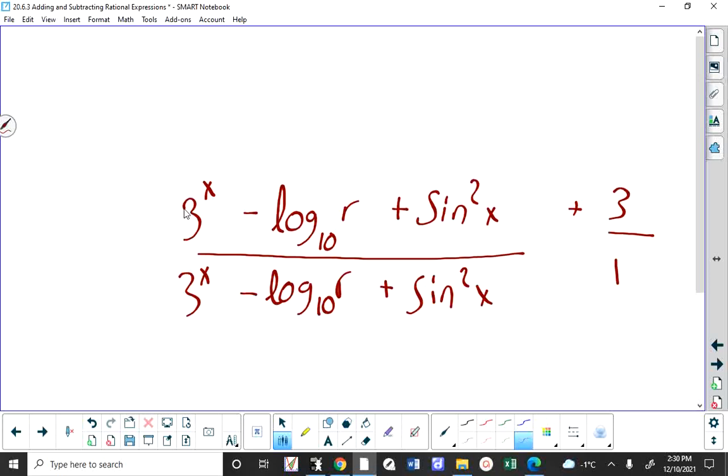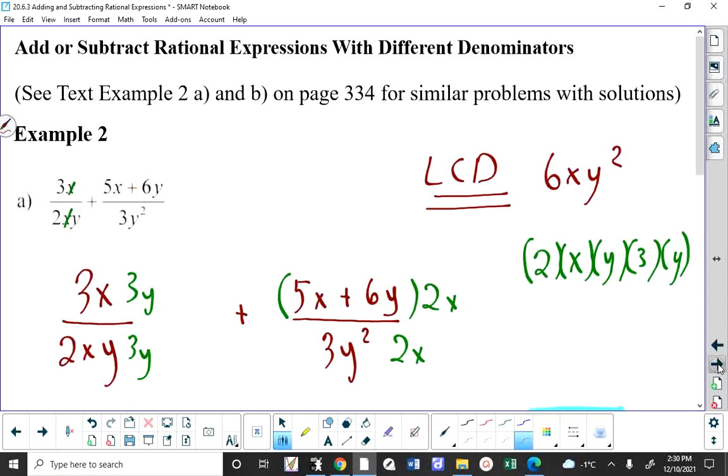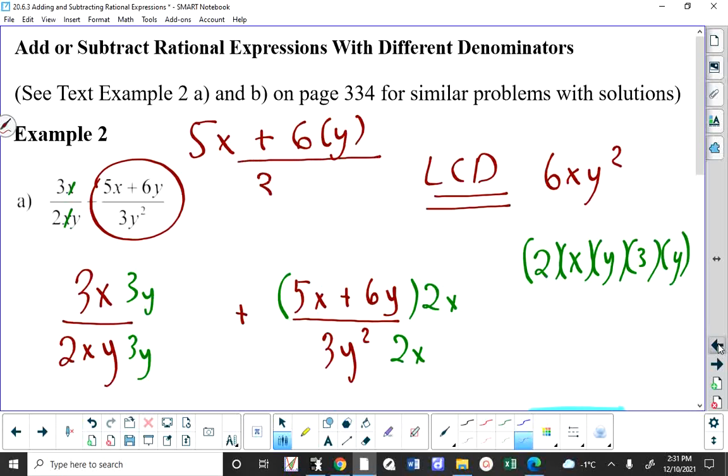Go ahead, Ariana. So would you not be able to get rid of the y in the second one because you're adding? Would I not be able to get rid of... Where do we go there? There we go. Get rid of the what? The y in the second? No, because y is not a factor of the top. And I want to make sure everybody understands that we're just focusing right now on this, which is 5x plus 6y over 3 times y times y.